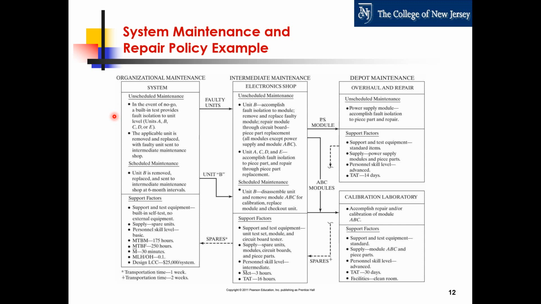And let's say that this capability exists in units A, B, C, D, and or E. If a fault is identified, then if you follow the flow that we just discussed, that goes to that intermediate facility, which can fix it. Which can fix it for unit B, but for the other ones, so basically it deals with it.